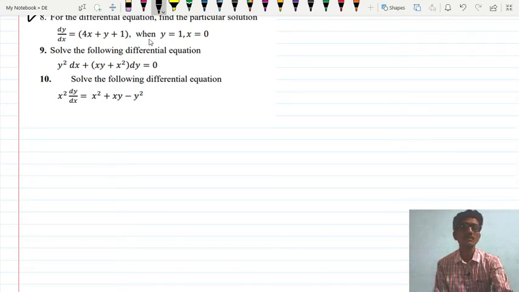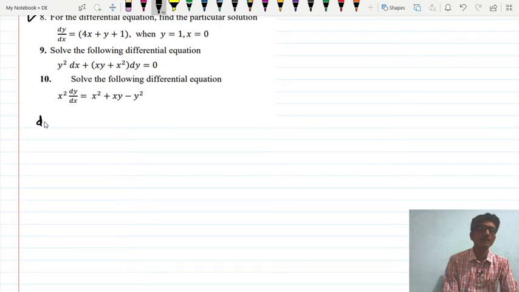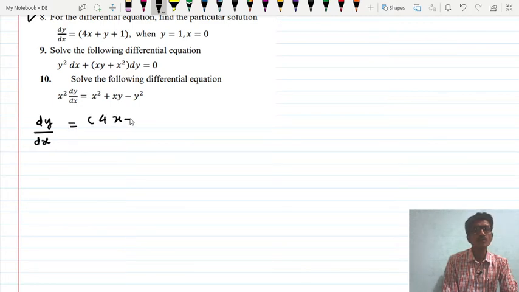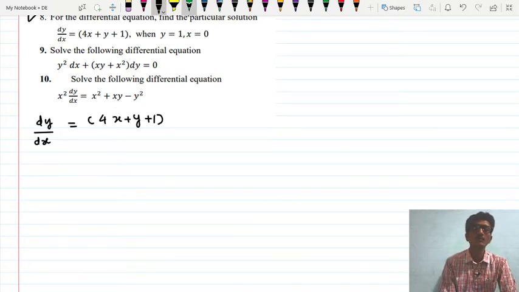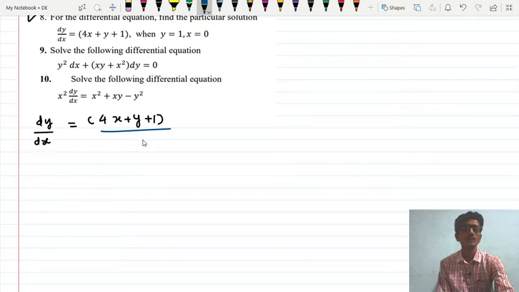See here, this is on substitution. Here we will write dy by dx equal to 4x plus y plus 1. Here initial conditions are given, so here we put 4x plus y plus 1 equal to u.